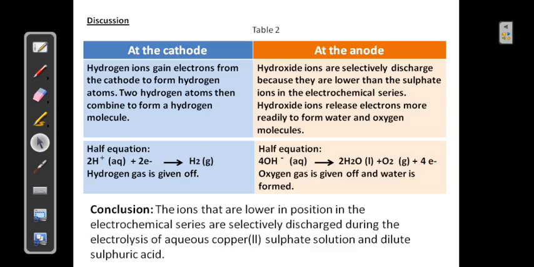So the conclusion from this experiment: the ions that are lower in position in the electrochemical series are selectively discharged during electrolysis of aqueous copper 2 sulfate solution and dilute sulfuric acid. So if you refer to your textbook, maybe you have some other experiment showing some similar reaction, right? It's quite straightforward.